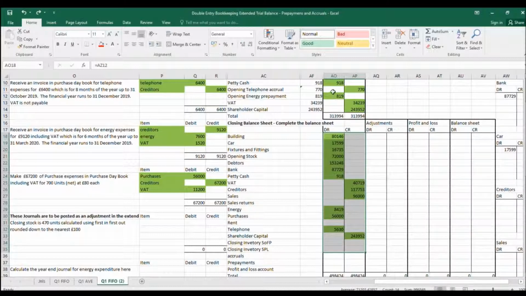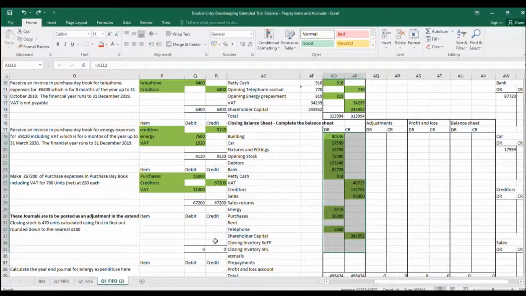So you would go debit telephone accrual, credit telephone expense in the adjustment. The same for prepayments, in terms of credit the energy prepayment in this instance, and debit the energy expense. So that's what we would have there.